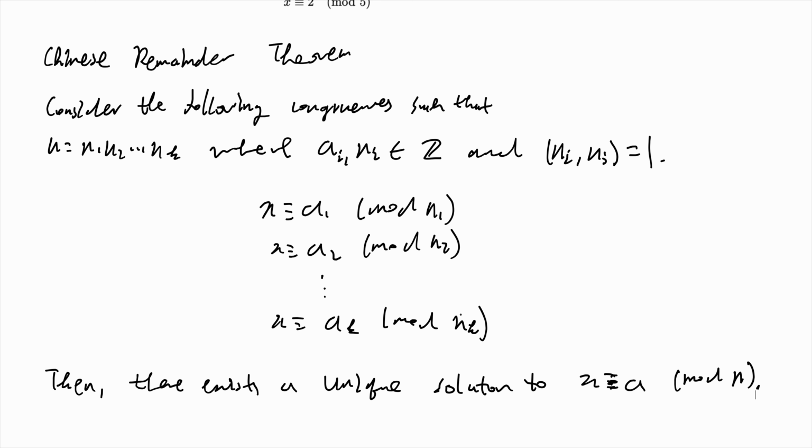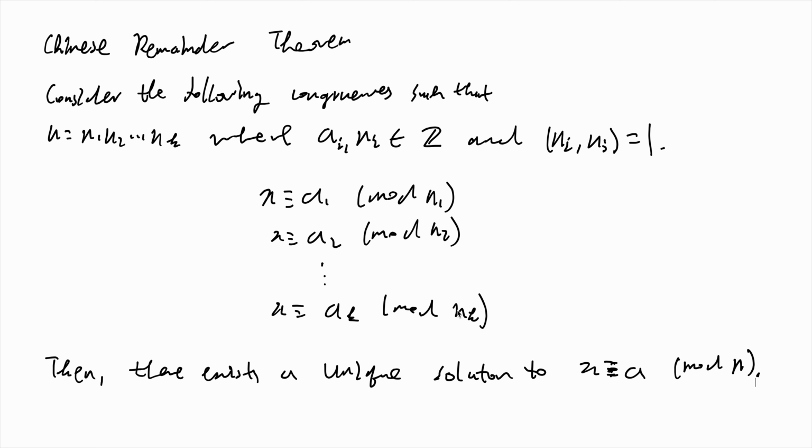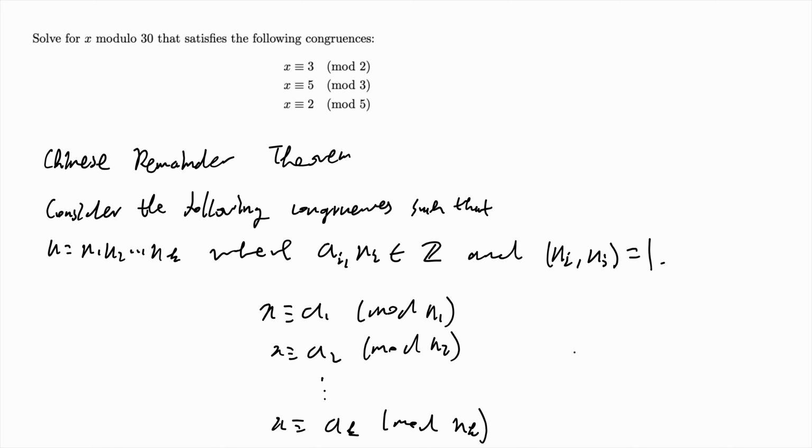Okay, so this is basically what the theorem is saying. Consider the following congruences such that n sub 1 through n sub k are pairwise co-prime to each other. I'm not sure if this is mathematically correct, but that's what I wanted to say. And then there exists a unique solution to x is congruent to a mod n.